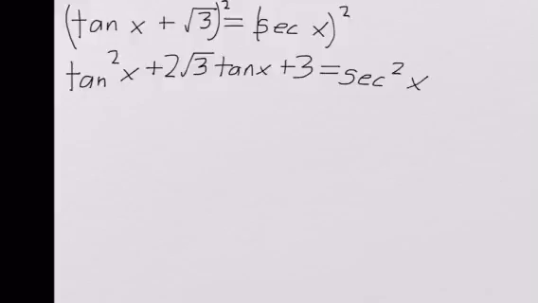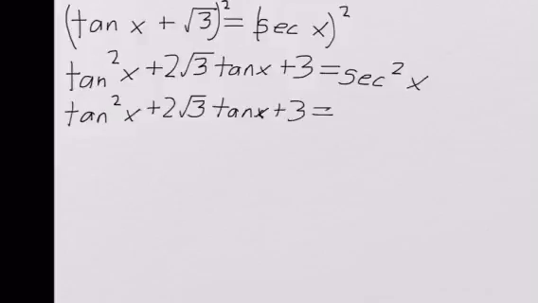So now is where we're going to apply the identity that secant squared of x is equal to 1 plus the tangent squared of x. So we get tangent squared of x plus 2 square root of 3 tangent of x plus 3 is equal to 1 plus the tangent squared of x.